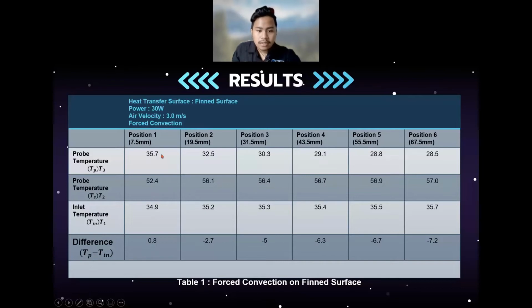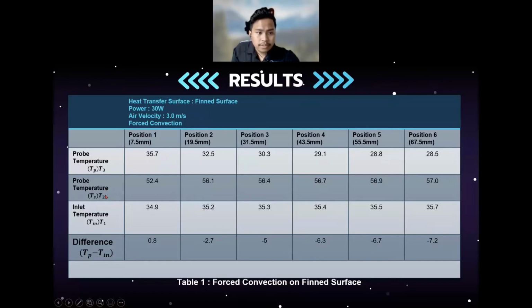Next is forced convection on the fin surface. The power is the same as the pin surface, 30 watt. Air velocity is also the same as the pin surface, 3.0 meter per second. And next, as you can see, probe temperature T3, the highest is 35.7 at position 1.